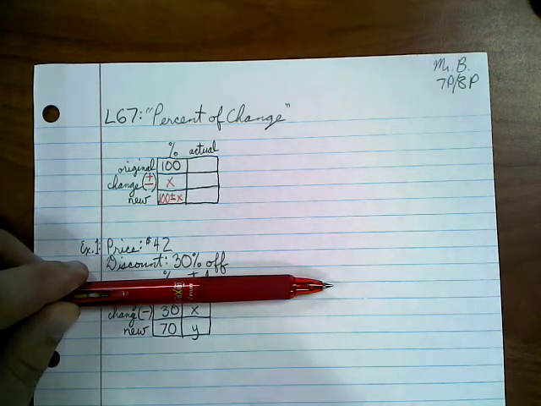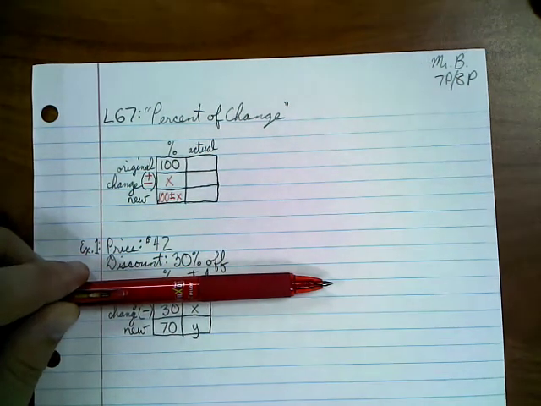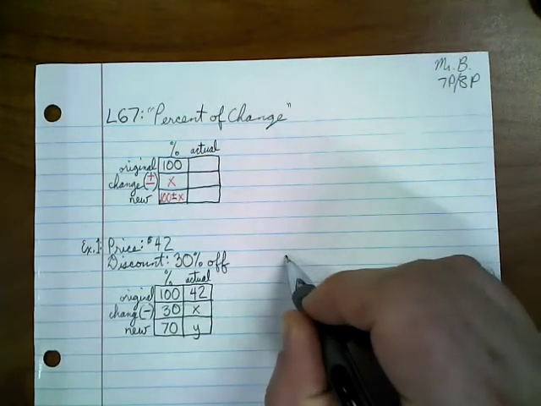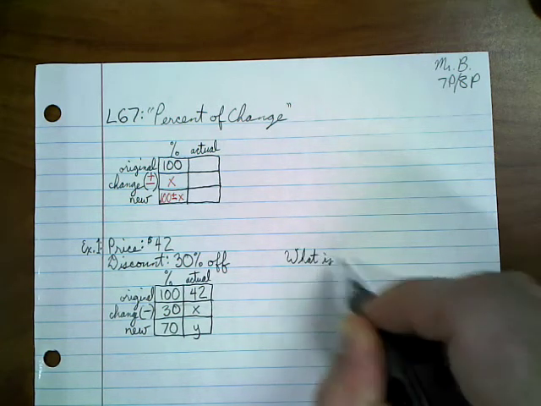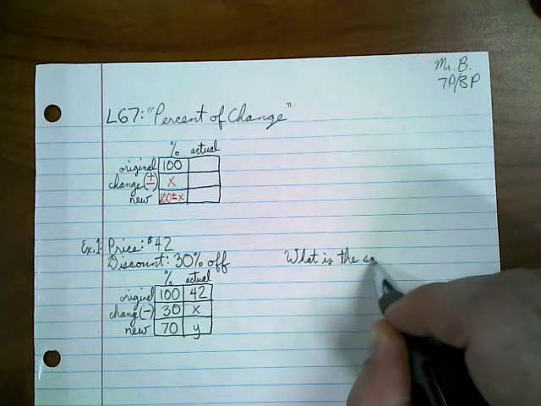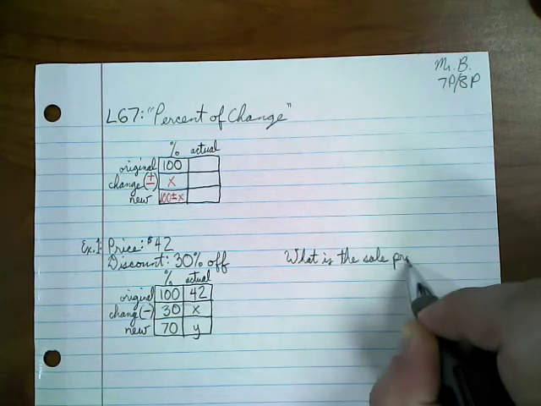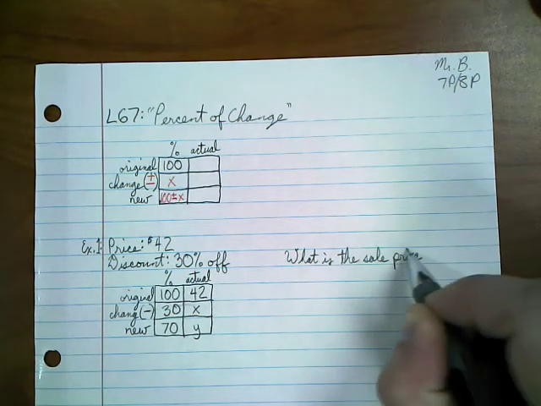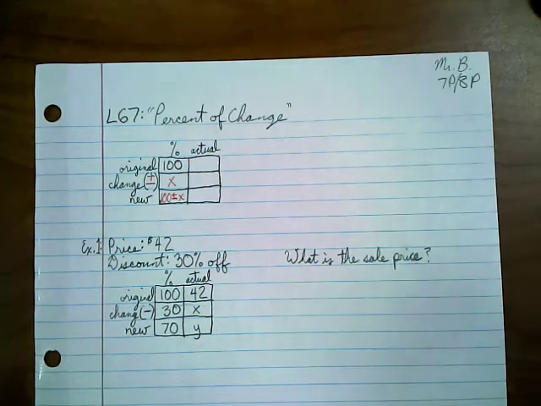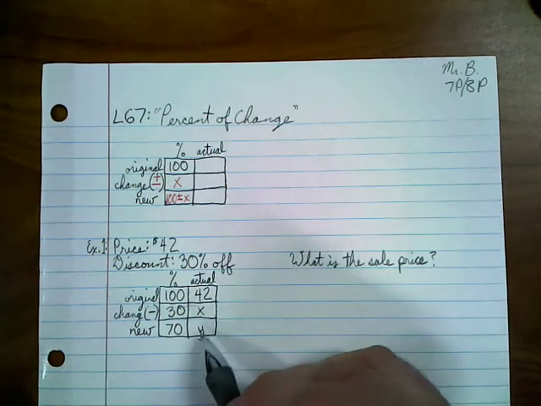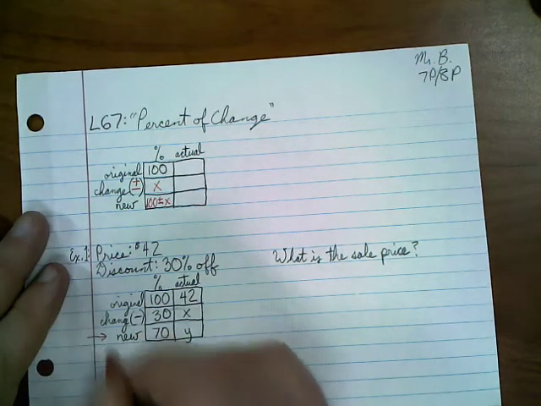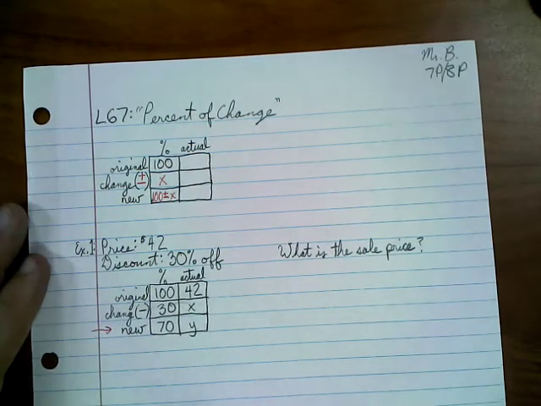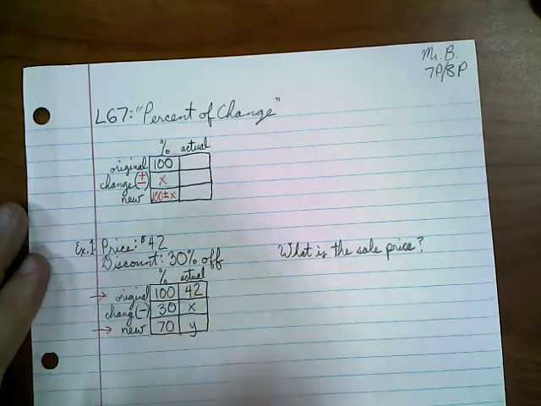Well, let's consider, what is the question asking? Well, that's a good thing to ask. We don't have a question yet. So the question that I want to answer is, what is the sale price? So in this case, the sale price would be Y. So we definitely want to use this row right here, and we definitely want to use the row where we know everything.